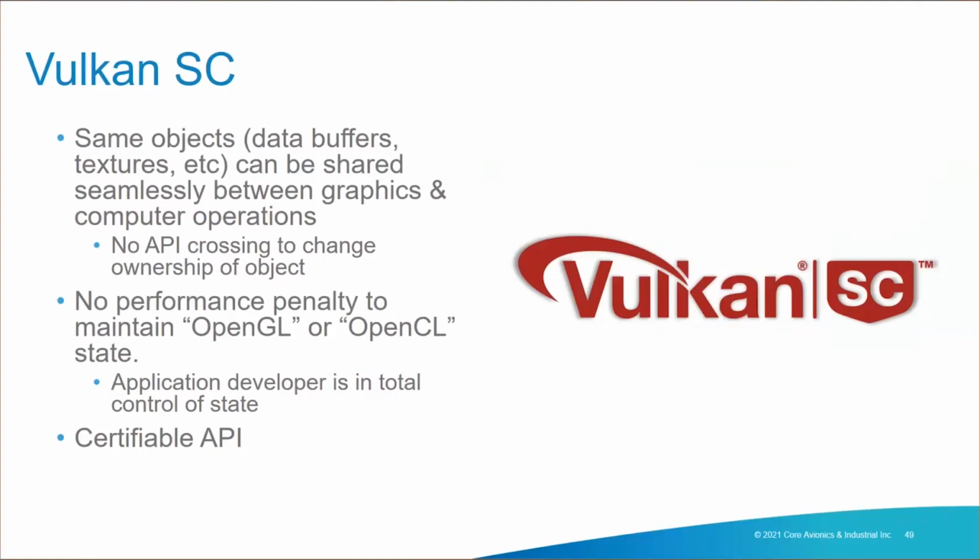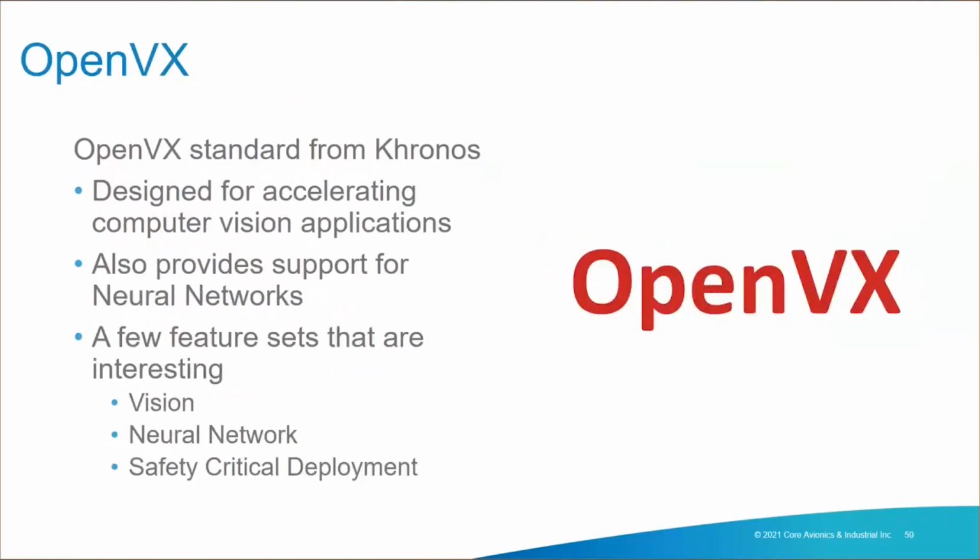Now, the other thing I want to touch on, and I'm going to go over this very briefly since we are running close to the end of the time allotted for this webinar, is OpenVX. The VX portion of OpenVX stands for Vision Accelerated, so you can kind of guess what the intent of this standard is. It's designed for accelerating computer vision applications.